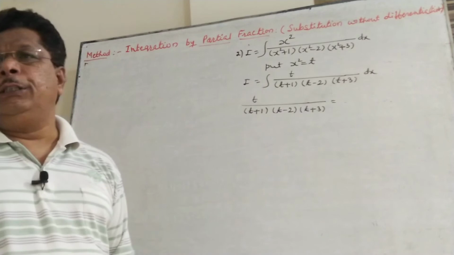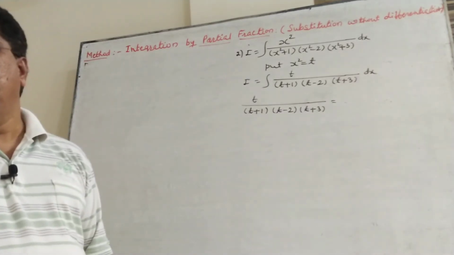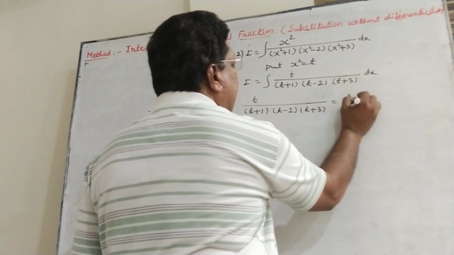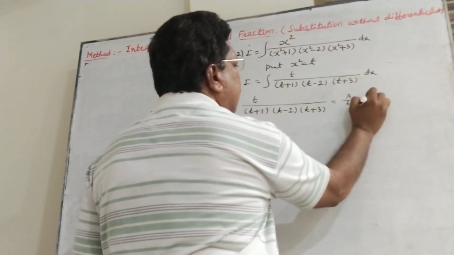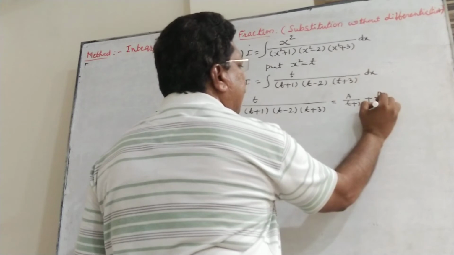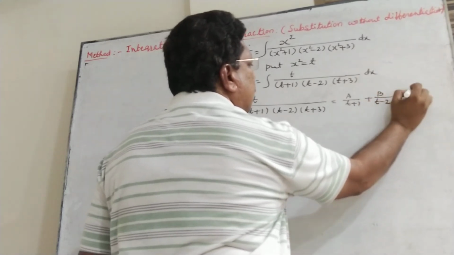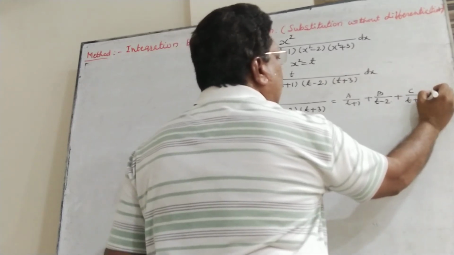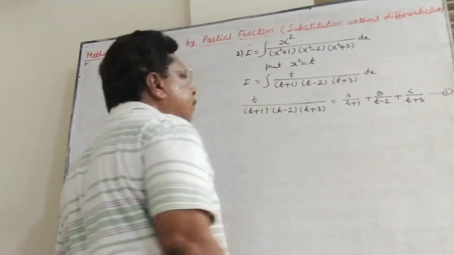Use three constants a, b, c. Okay, so a upon first factor t plus 1 plus b upon second factor t minus 2 plus c upon t plus 3. Okay, say this equation 1.